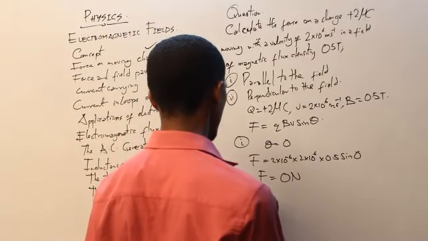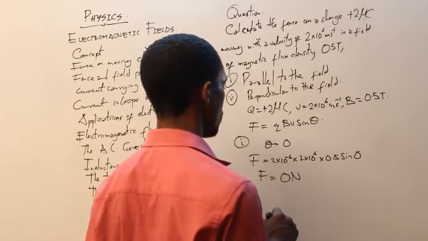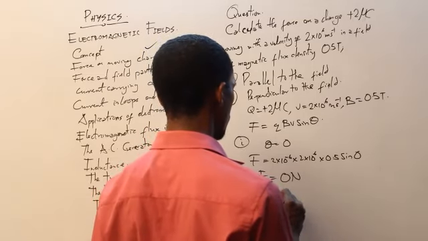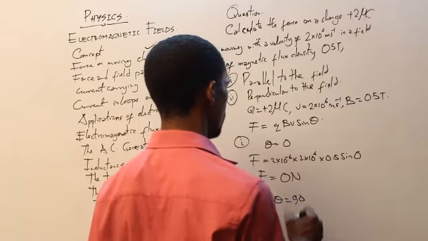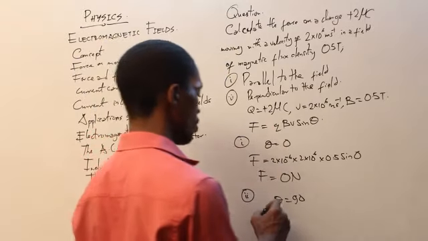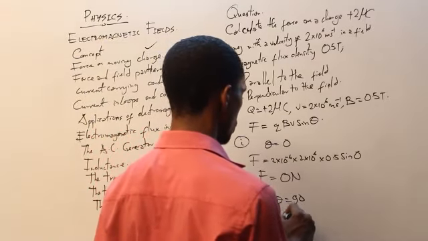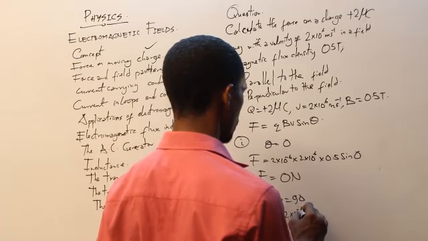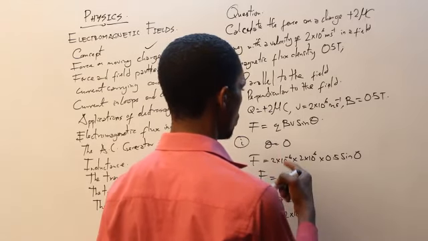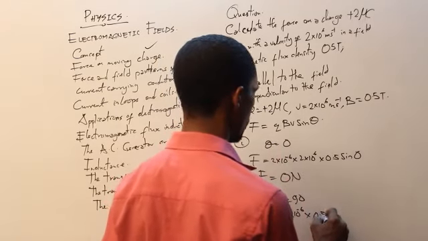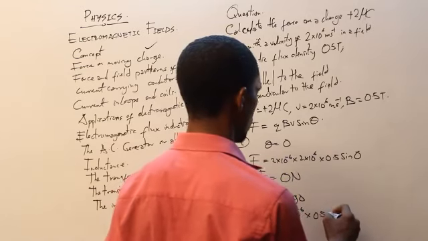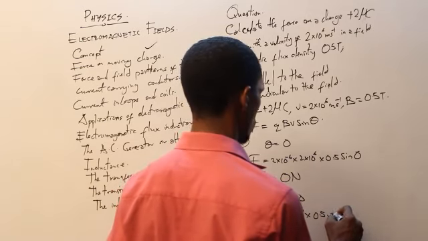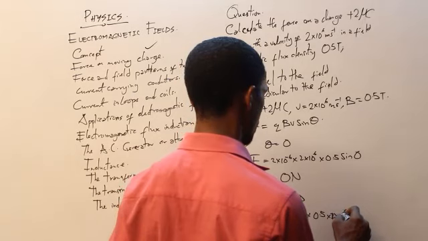There will be no force acting on it when it is moving parallel to the field. But when it is moving perpendicular to the field, theta equals 90 degrees, and F would now be equal to 2 times 10 raised to the power minus 6. That's our Q. Our B is 0.5. Our V is 2 times 10 raised to the power 6.